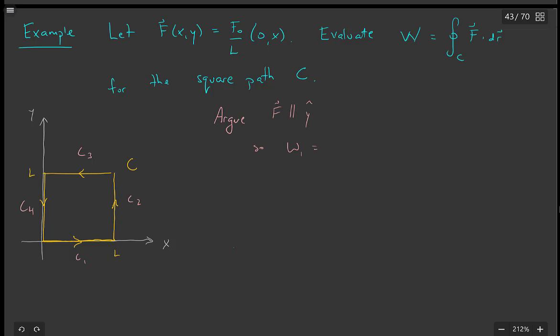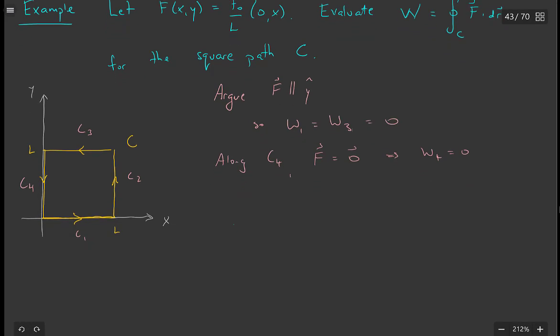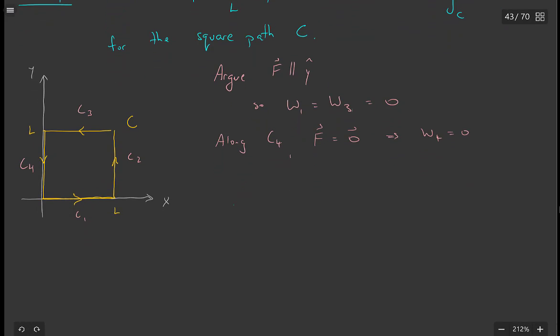So work 1 and work 3 are going to be equal to 0. We could also argue that along C4, my force is just going to be equal to the 0 vector, and so the work along that path is going to be 0. But we're still left to calculate the work along the path C2.